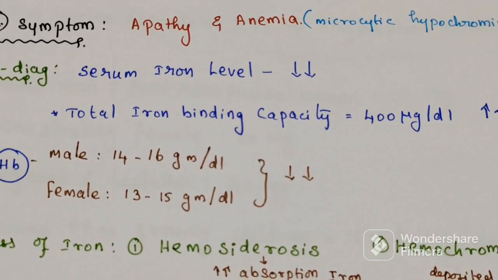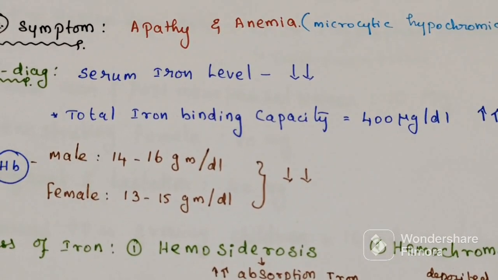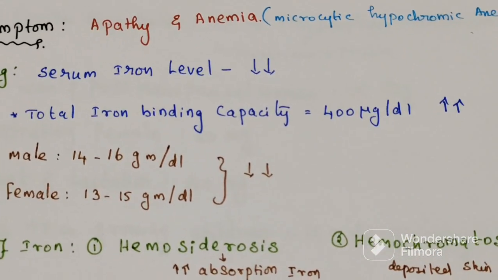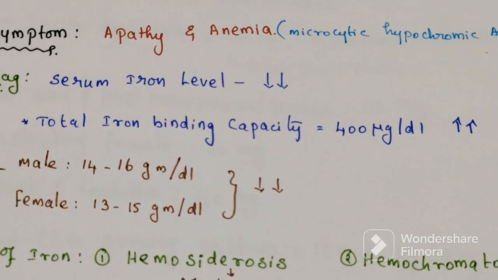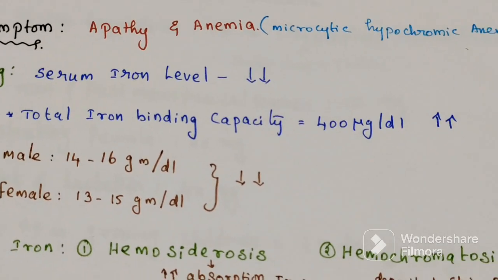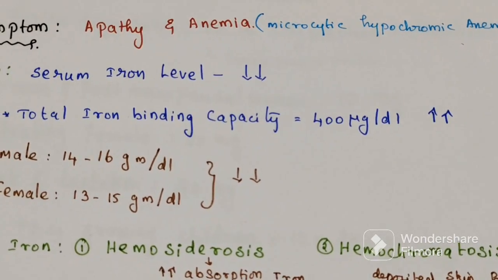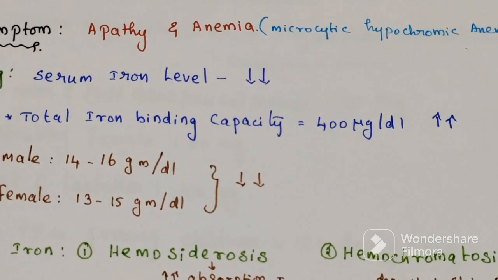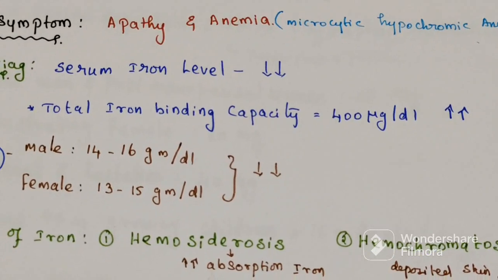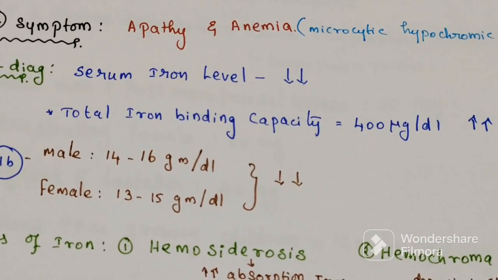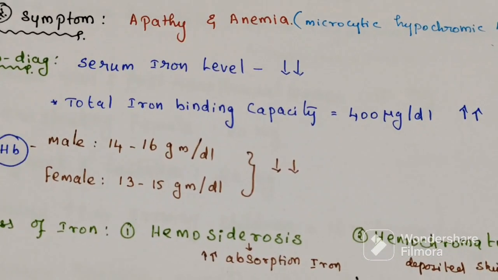Then laboratory diagnosis: serum iron level decreases in iron deficiency anemia. Total iron binding capacity is nearly 400 microgram per deciliter, that means iron binds with transferrin, 250 microgram per deciliter. So when total iron binding capacity increases, it indicates iron deficiency anemia.